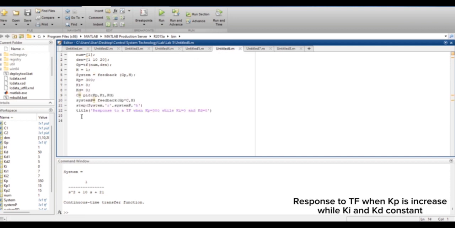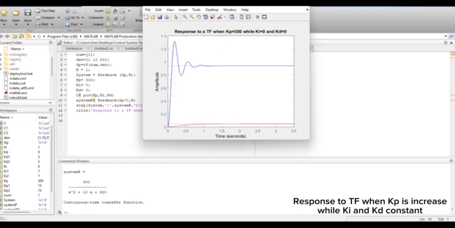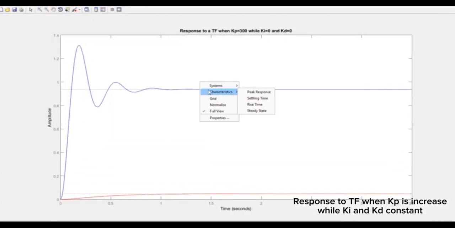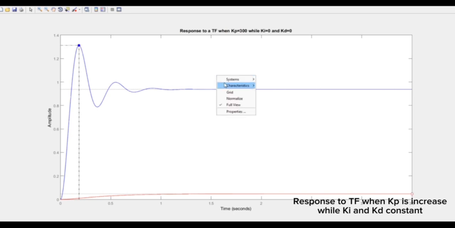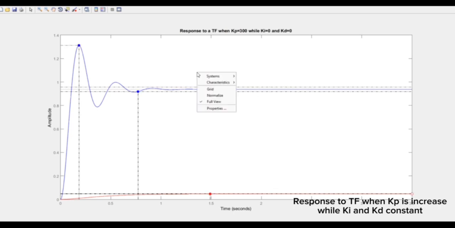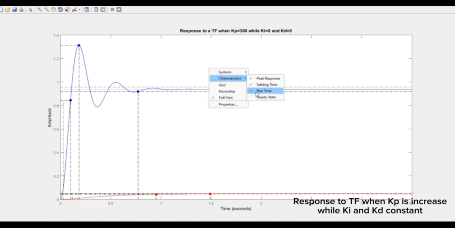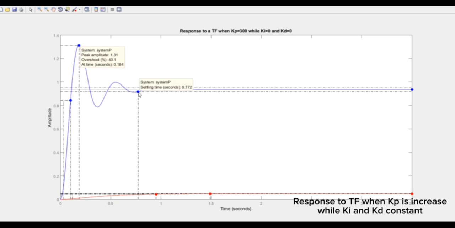This is the response to TF with KP equals 300 while KI is 0 and KD is 0. So you can see KP is 300, KI is 0, KD is 0. Now I'll run the graph. So this is the graph. I'll include the peak response, then the settling time, then the rise time, then the steady state. Now I'll just label it.